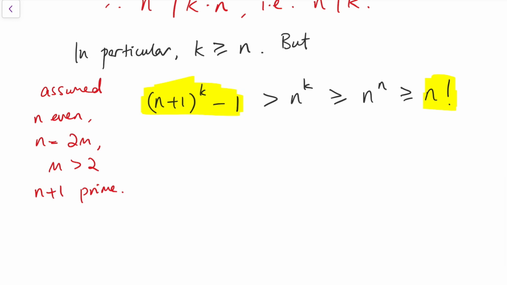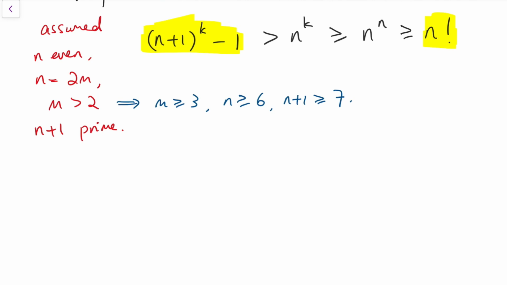So that means we're actually considering primes that are at least 7, because from the condition that m is larger than 2, we know that m is at least 3. So n is at least 6, so n plus 1 is at least 7. So what remains is that we have to consider the cases n plus 1 equals 5, 3, or 2, the missing primes.